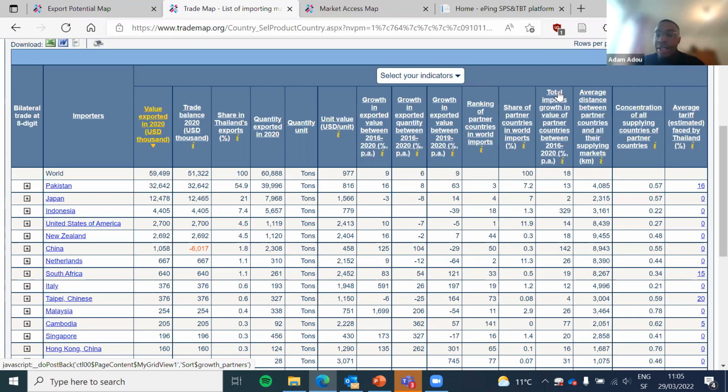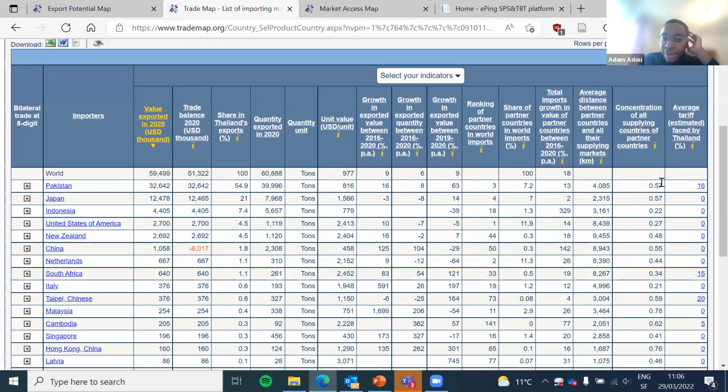For instance, in Pakistan, when the number is close to 1, it means that the market is highly concentrated, so there are few exporters exporting ginger to Pakistan. And when it's close to 0, it means that the market is not really concentrated, so there are a lot of different suppliers.